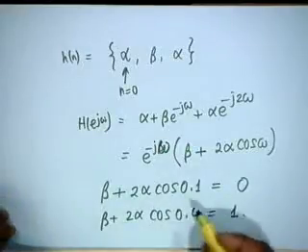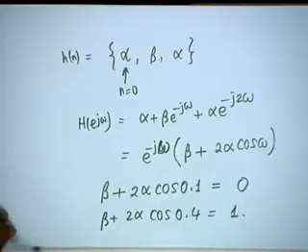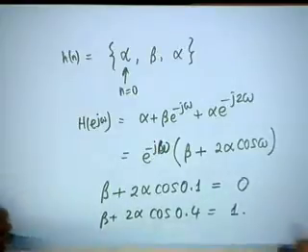And it turns out that, well, you can subtract the one from the other and find alpha very easily. Now, cosine of 0.1, cosine of 0.4 can be found out from the tables.